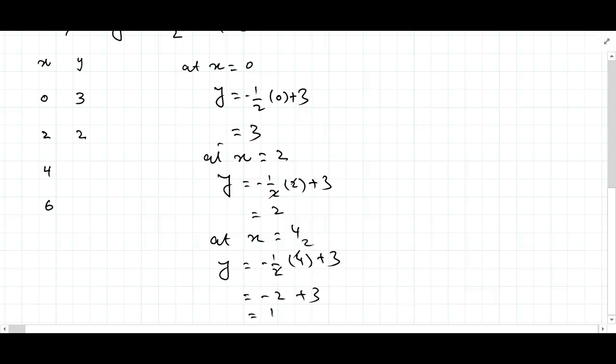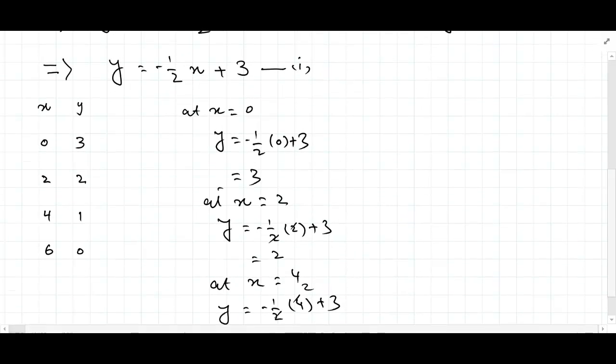This will give us y equal to 1. For 6, if we look at the sequence, for every increment of two in x, y is decreasing by 1. Therefore, the next value will be equal to 0.